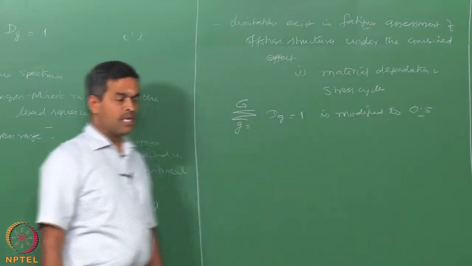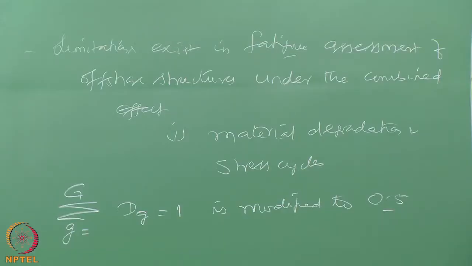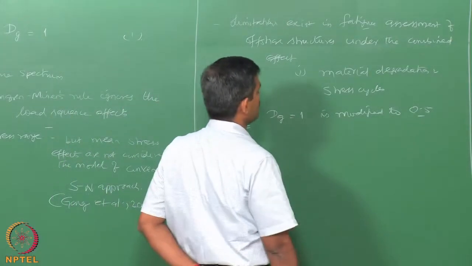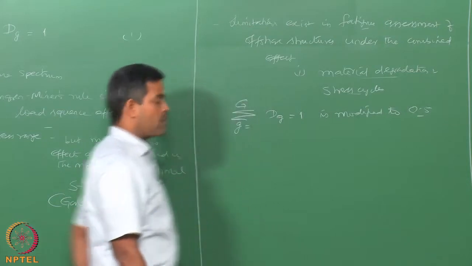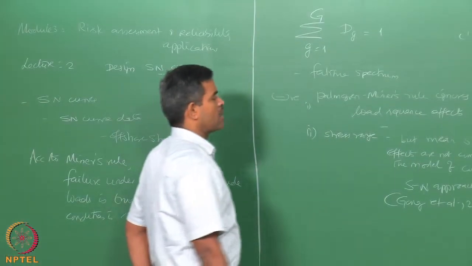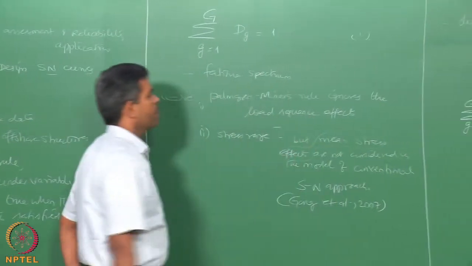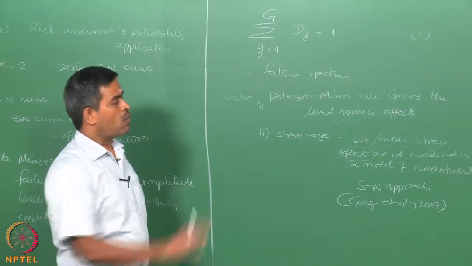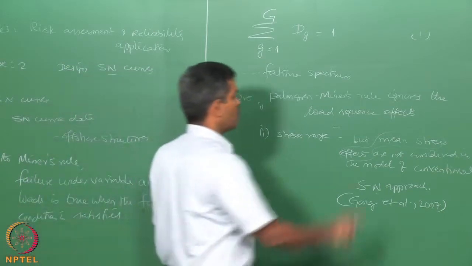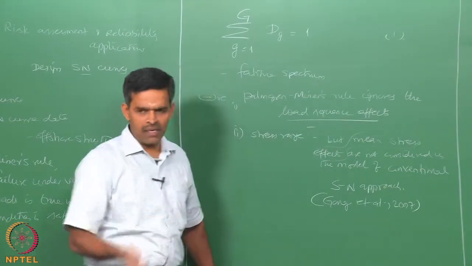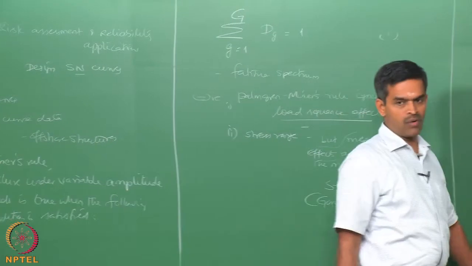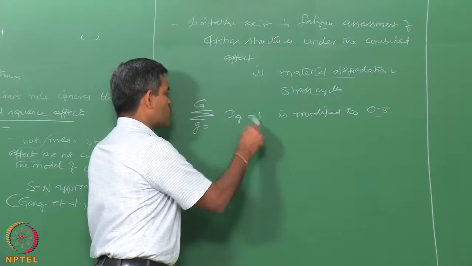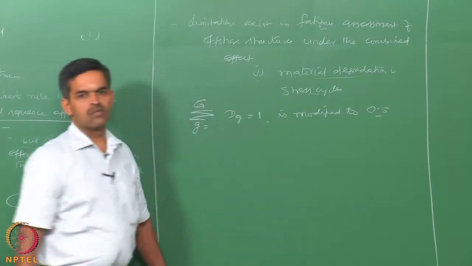Even if the sum is closer to about 50%, it is considered a damage scenario, because the combinations are very extreme, because the material degradation is directly linked to the stress cycles, and we are not considering the mean stress effects in the given system. And most importantly, the whole approach does not consider the load sequence effects. So, considering all these consequential effects in the overall estimate of cumulative damage, instead of rounding this off to 1, people have modified this to 0.5.